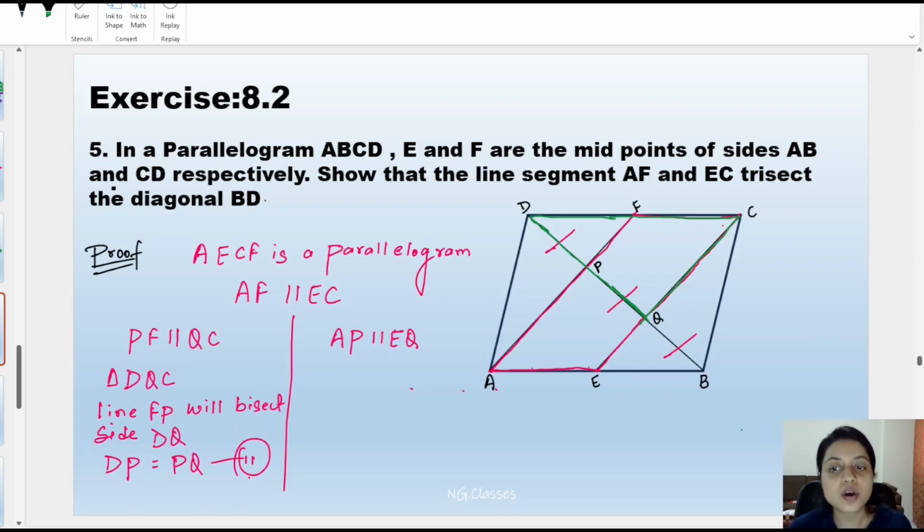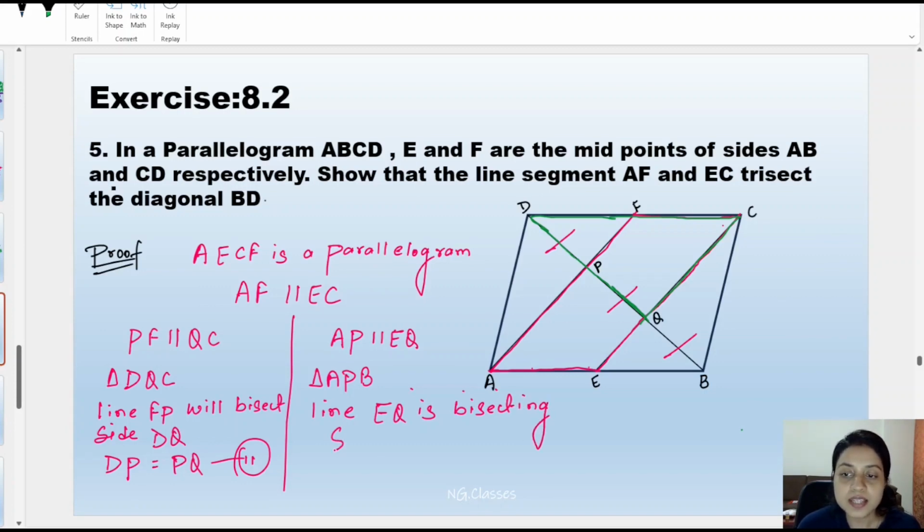Now let's focus on triangle APB. Here also E is the midpoint of side AB, and again we can use the same theorem. So line EQ is bisecting side PB, and therefore PQ is equal to QB.